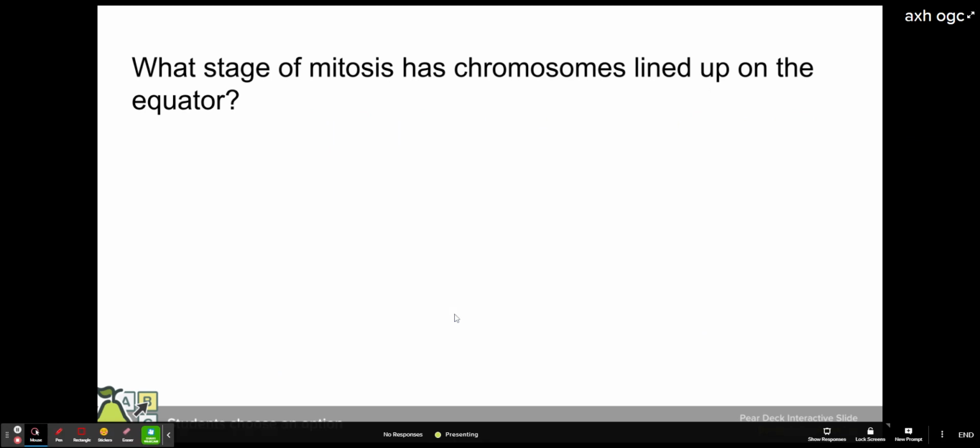All right, what stage of mitosis has chromosomes lined up on the equator?